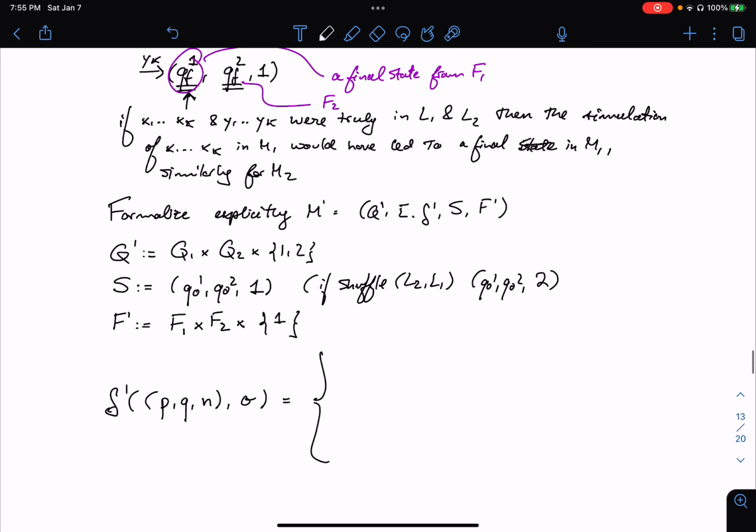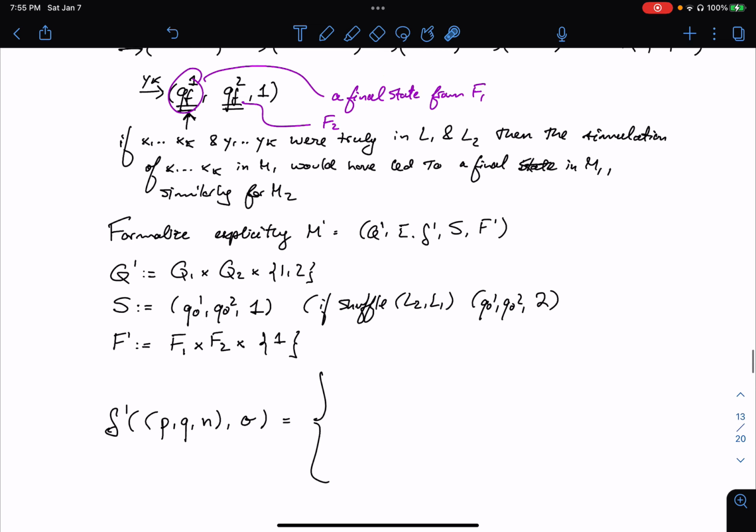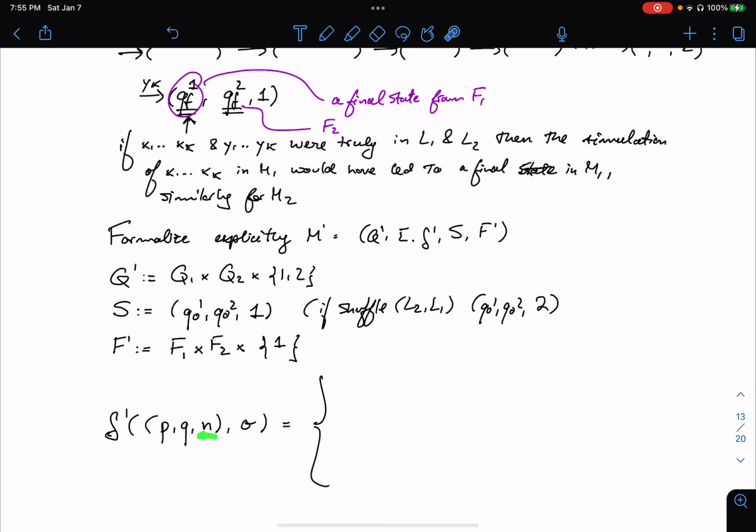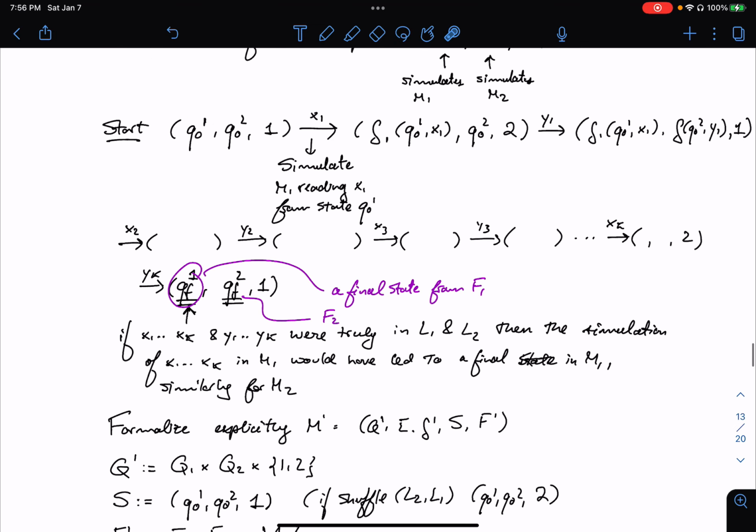So exactly what transition I take is going to be based on whether I'm simulating 1 or 2, right? So if N is equal to 1, so actually I'm going to need more room than that. If N is equal to 1, right, that means that I'm here, then I keep this element of my tuple the same, and I simulate the transition from my machine M1. So this guy is the simulation of the machine M1.